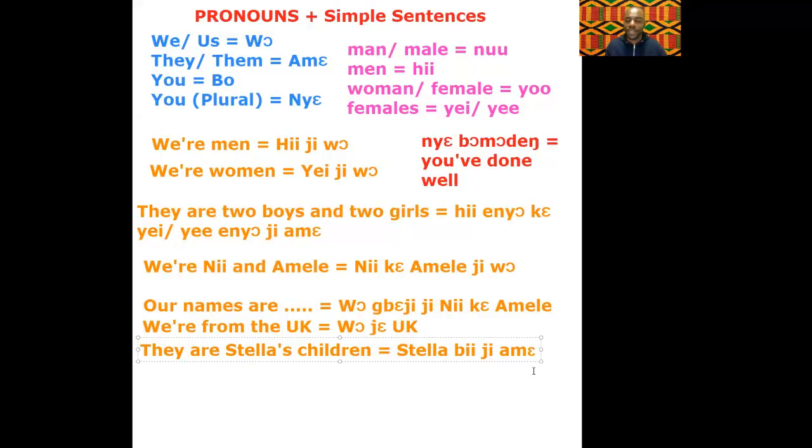Stella's children. Ame. Remember, Ame here is they or them. So they are Stella's children. Stella Bii Giame. Okay.